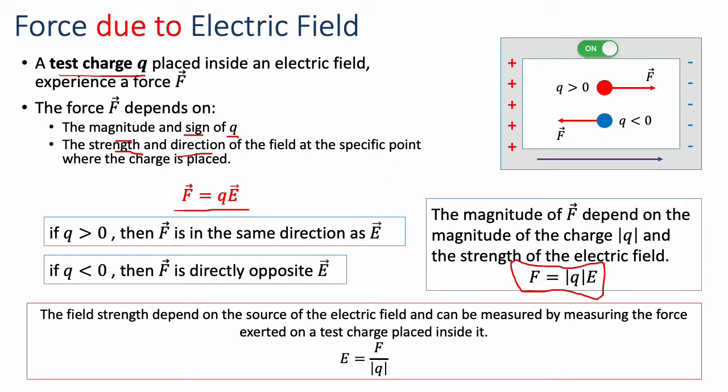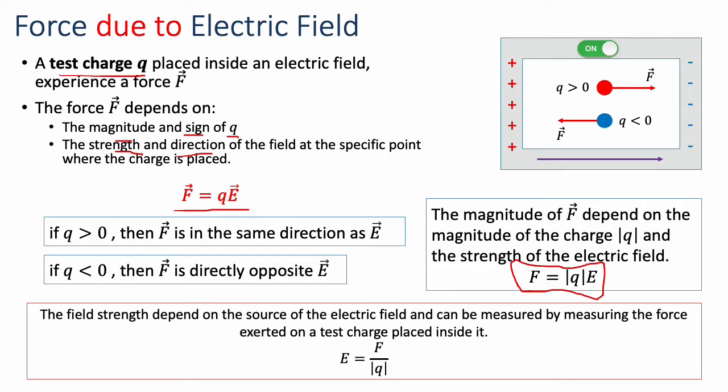The source of this electric field is the device I started with at the beginning of the chapter. I said I build a device that generates an electric field. This device has properties: it is made of plates, which can be big or small, close to each other or far apart, and connected to a 12 volt battery or a 24 volt battery. So this is an electric device, and the electric field strength should depend on the device itself. But I can measure it in the lab, in an experiment, by taking a small charge, such as an atom or molecule or oxygen ion, putting it in there and seeing how it moves.